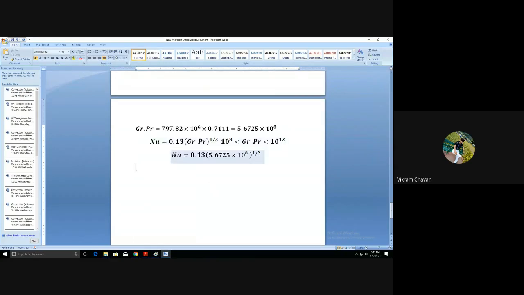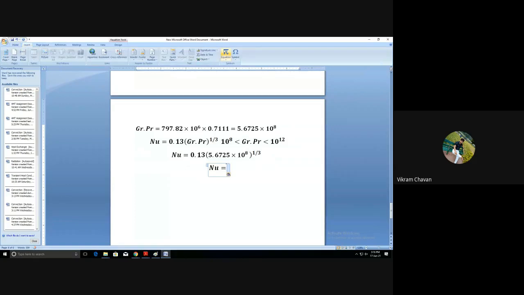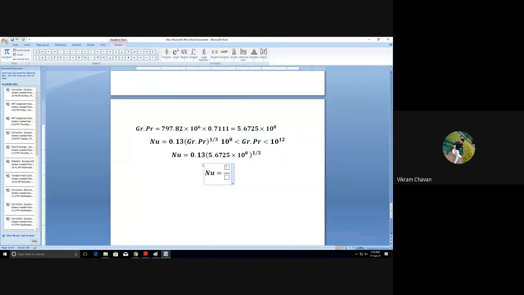Then calculate the Nusselt number. When you get the Nusselt number, then we know that the Nusselt number is nothing but HL divided by K, that is, H multiplied by L divided by K. It is equal to whatever value you are getting. And thermal conductivity we have taken from the property table. Put in that thermal conductivity and the L value, that is 500 into 10 raised to minus 3, and you can calculate the H value.